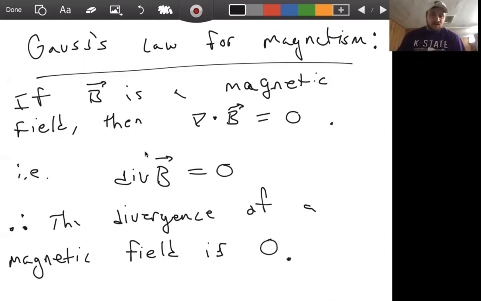And so what you can do is you can ask certain questions like, okay, well, can a certain vector field represent a magnetic field? And the answer to this question is now a lot easier because all we have to do is calculate the divergence. So let's see an example of this application.